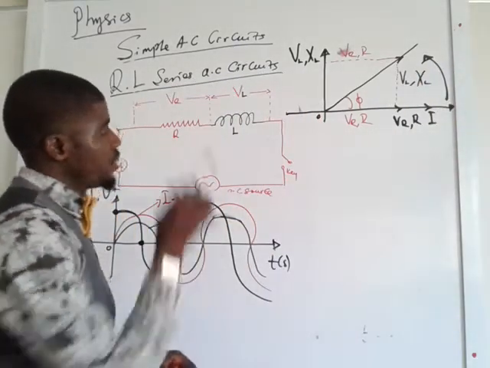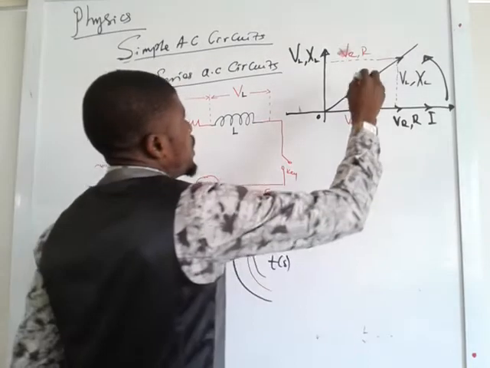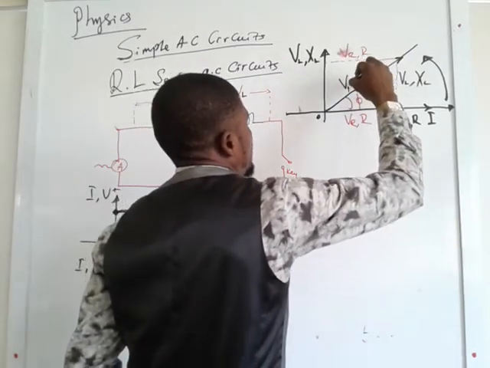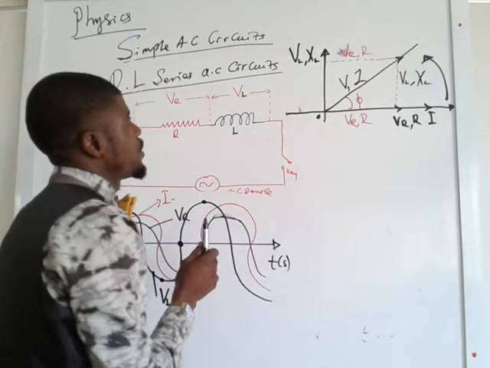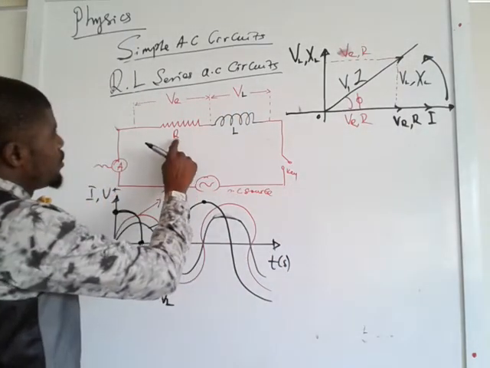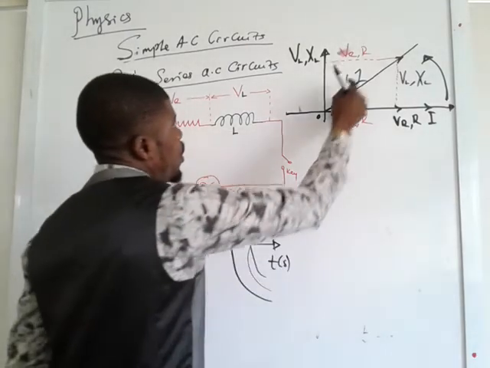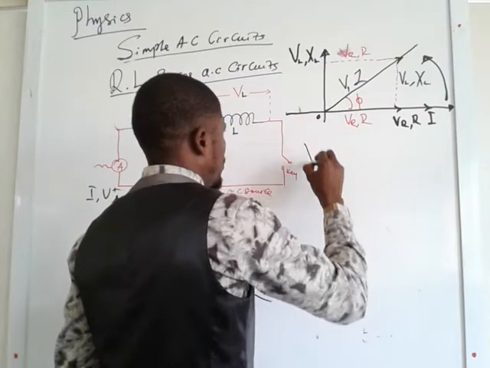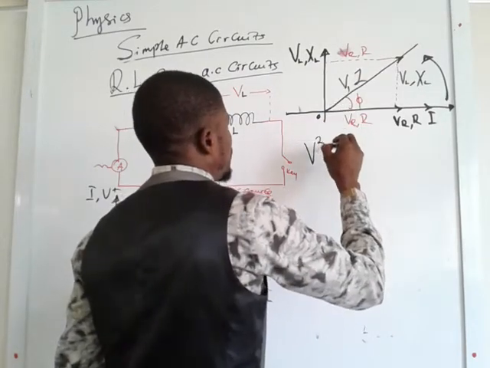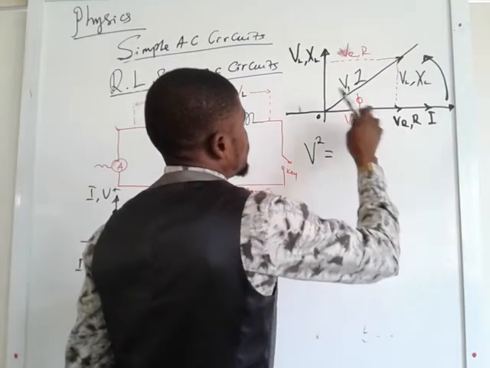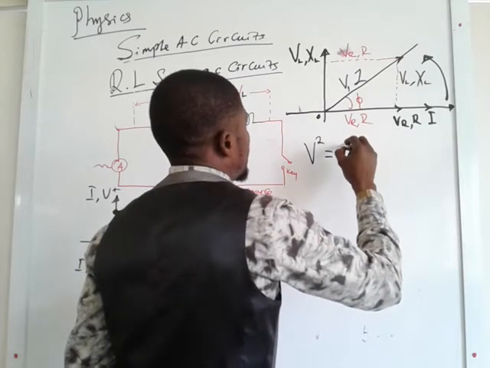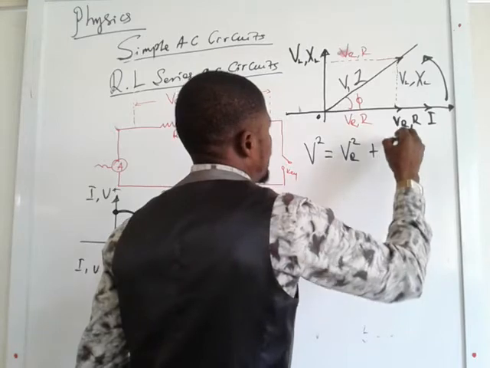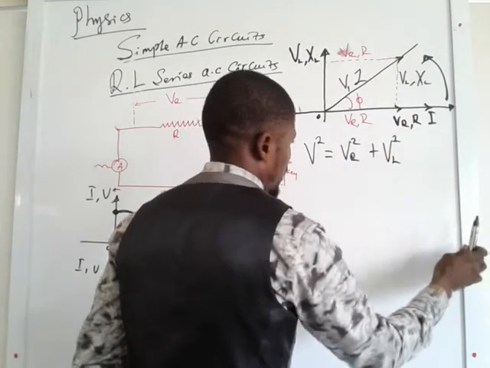Now we write again. Down here is the effective voltage and also the effective resistance in the circuit offered by the resistor and the inductor, called the impedance. So from Pythagoras theorem, you know that the hypotenuse V squared is equal to VR squared plus VL squared.